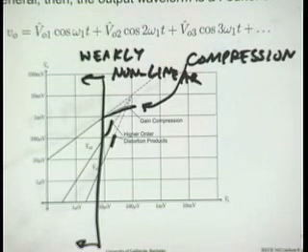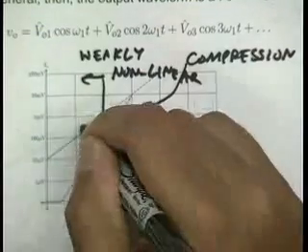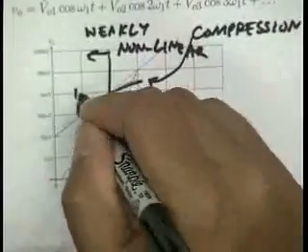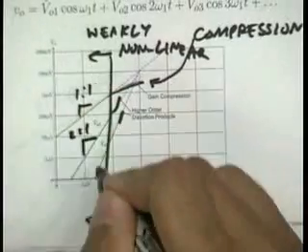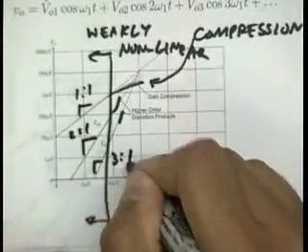Okay? Good questions. Any other questions or comments about this? Now, when you go home and you're looking at these slides, just convince yourself that the slope here is 1 to 1, the slope here is 2 to 1, and the slope here is 3 to 1.